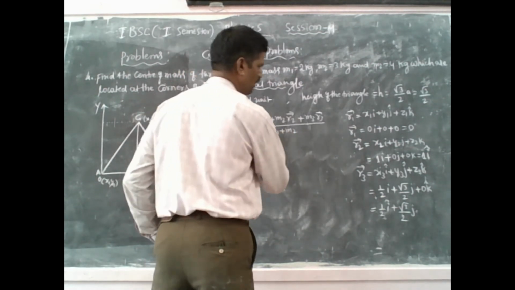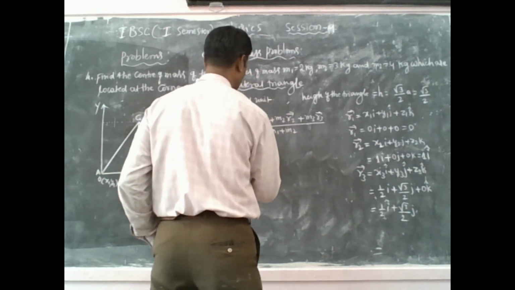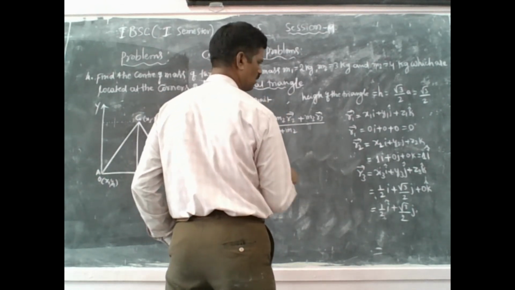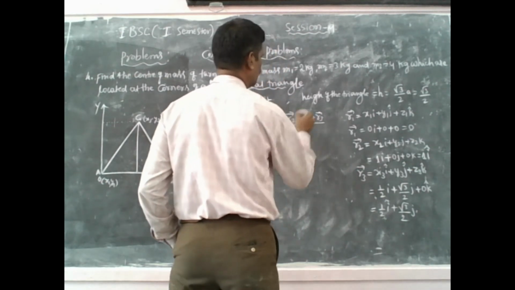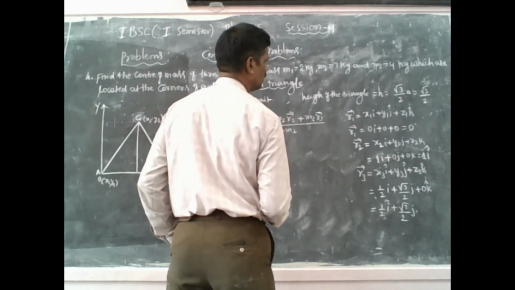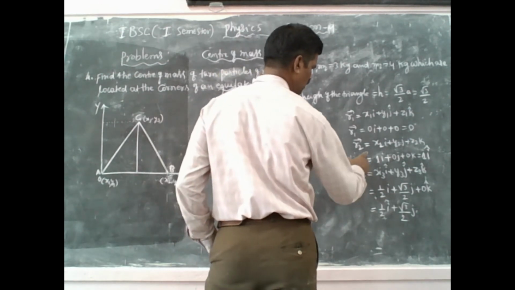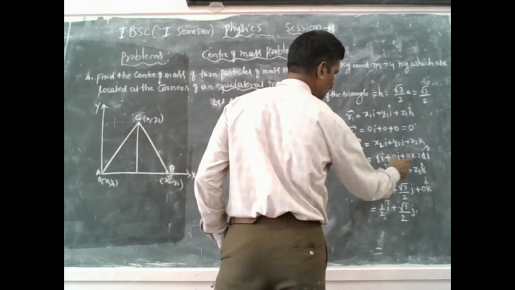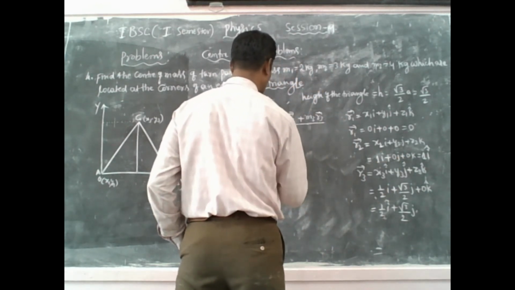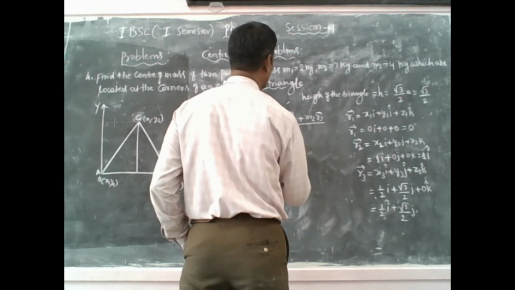2 into R1 equals 0, plus M2 equals 3 kg. What is R2? R2 is i, isn't it?